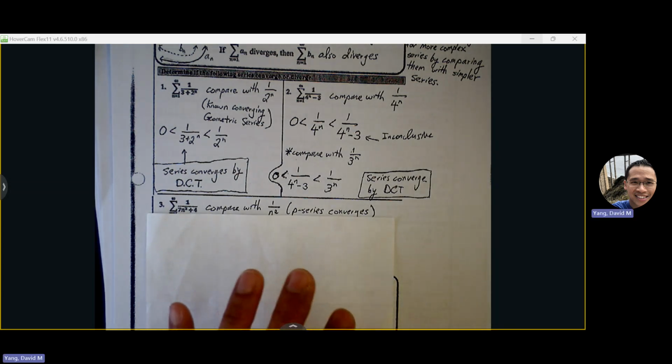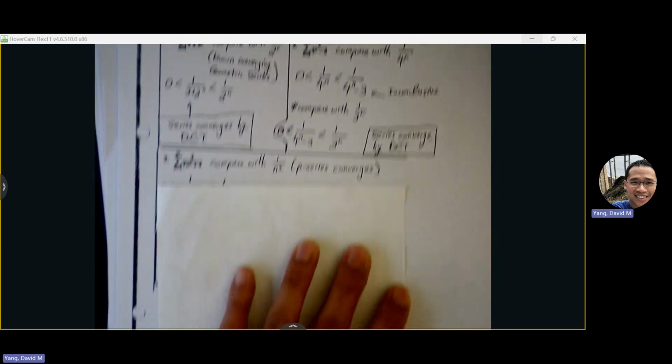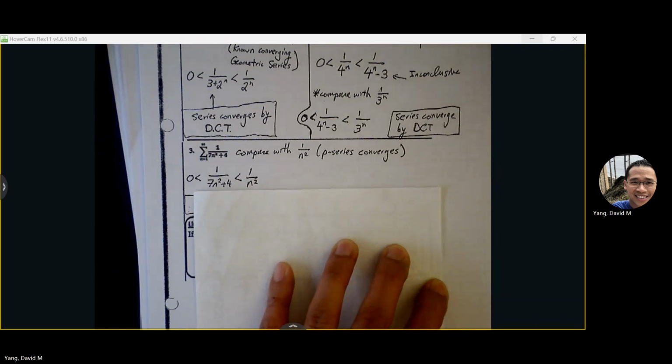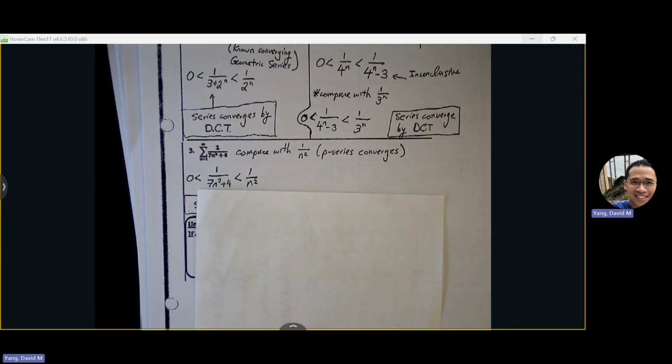Yeah, 1/7n squared is fine, or you can just do 1/n squared. We know 1/n squared is a converging p-series, and 1/(7n squared plus 4) is clearly going to be smaller, because that 7n squared larger in the denominator means smaller overall.